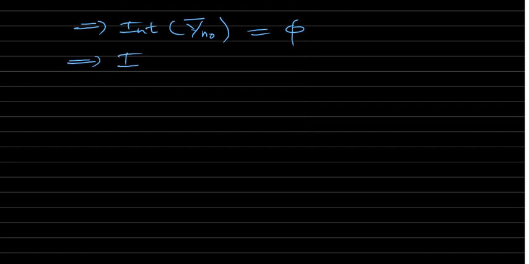So the interior of Yn naught is non-empty. Yn naught is not nowhere dense, which means the interior of the closure is not empty. And again this Yn naught is a closed set.